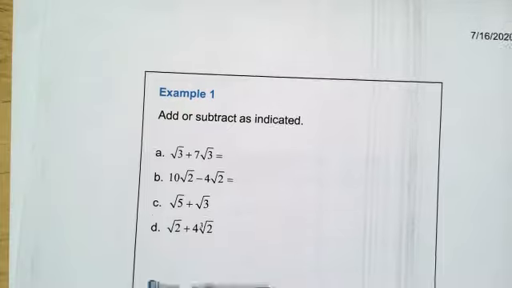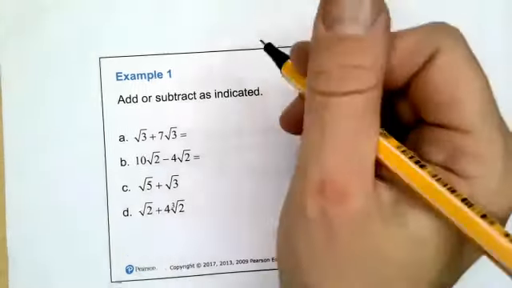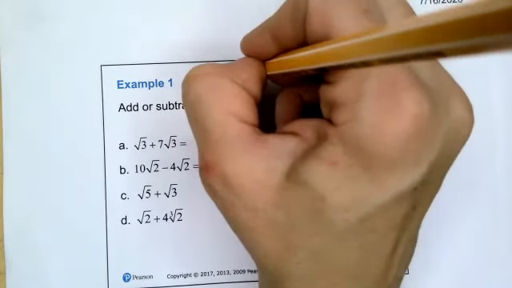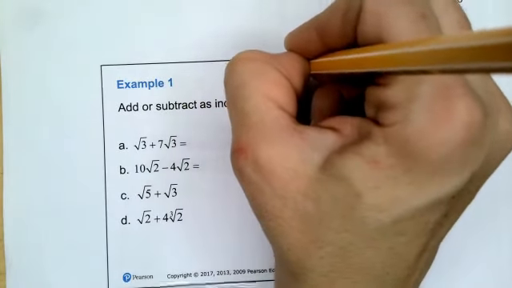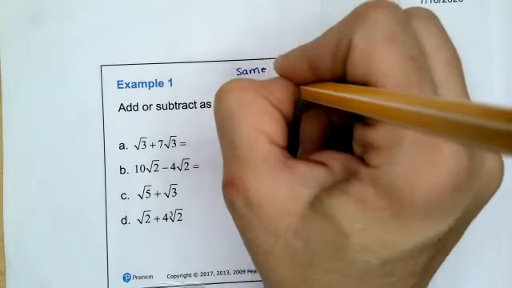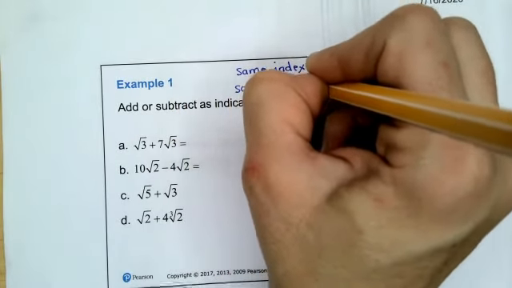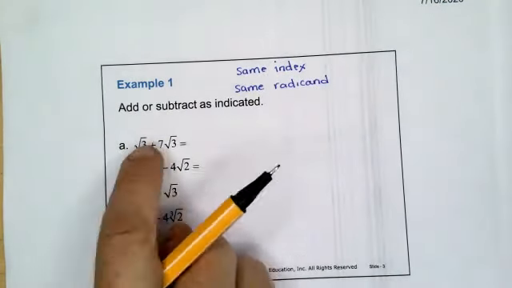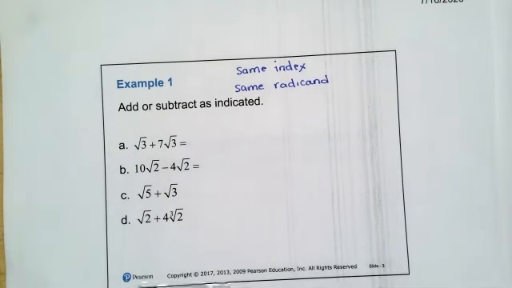All right. So just like the previous slide, they have to have the same index, same radicand. This number up here and this number down here have to be the same.